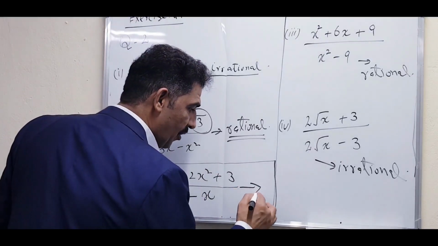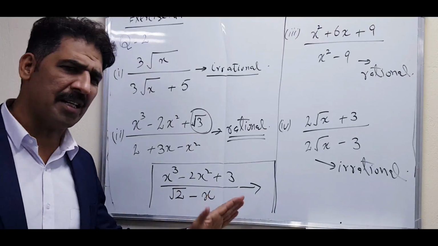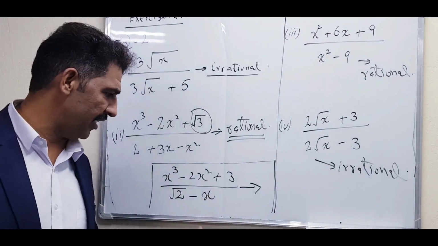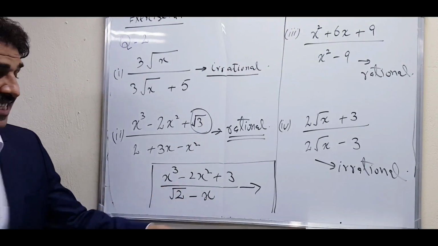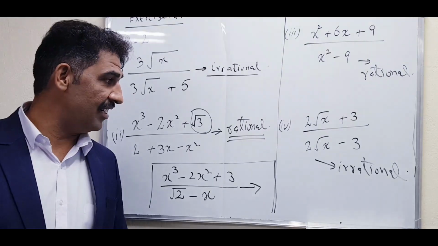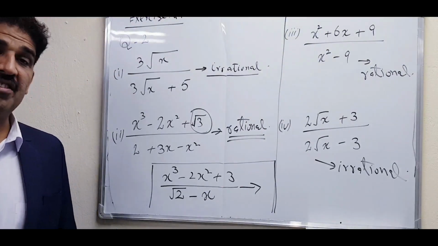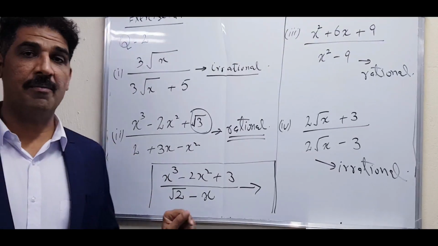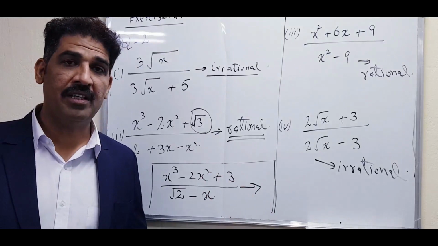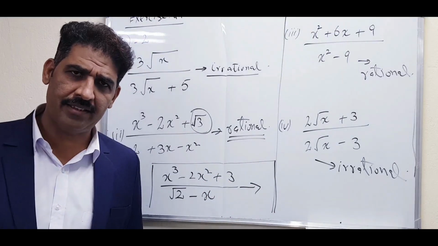Which type of expression is this? First, it is not a polynomial because x is coming in the denominator. So which type of expression is it? Is it rational or irrational? This is your home task or activity task, and you will solve it and give me the answer in the comment, and also show me your work in Google Class, right? Good.